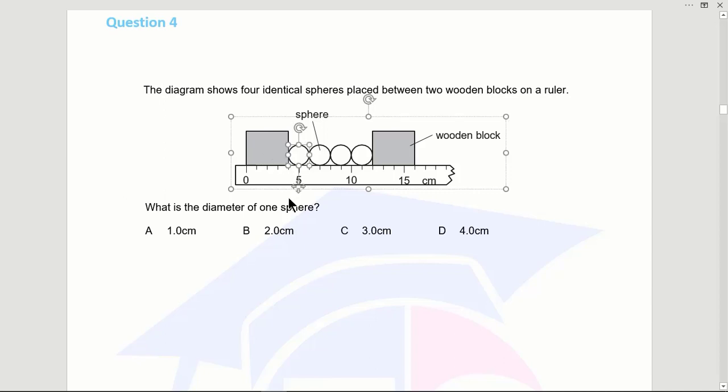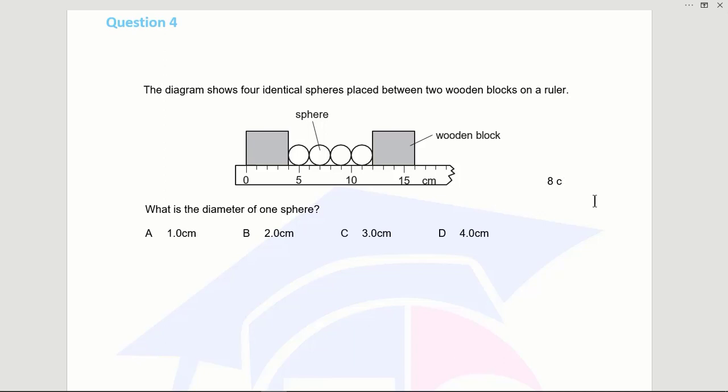This is 4. Now what is the ending point here? That is 11, 12. So it means 12, and this is 4. If you subtract them, what answer comes? 12 centimeter minus 4 centimeter, the answer will be 8 centimeter. So the total length is 8 centimeter.